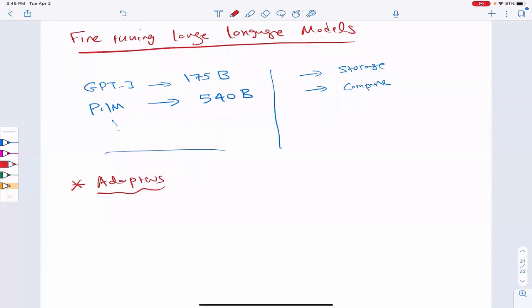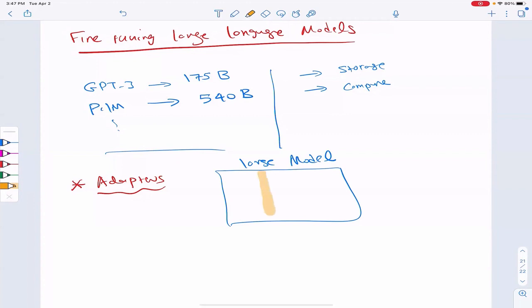The idea is quite simple. You have a big model. Instead of changing all weights in my model during the fine-tuning process, I'm going to specifically have some particular layers, called adapters, that can potentially be changed during fine-tuning.